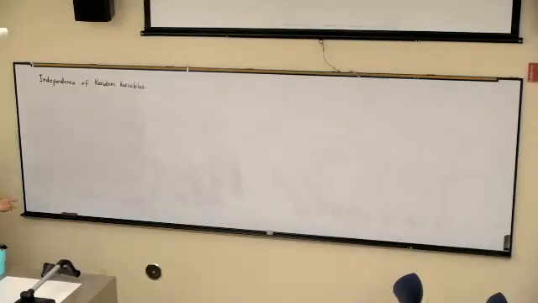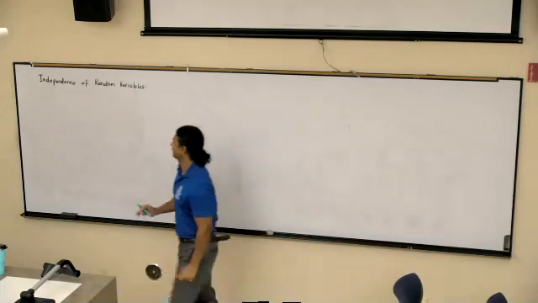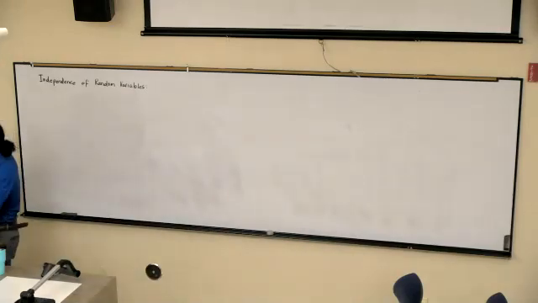Independence of random variables is just an extension of independent events and the multiplication rule. What does the multiplication rule state?